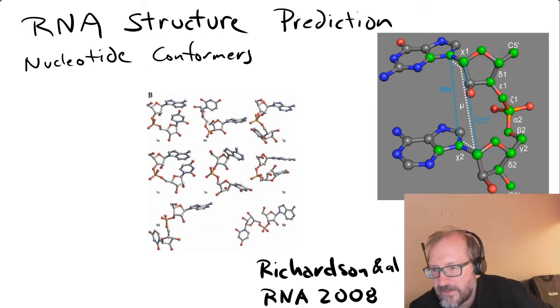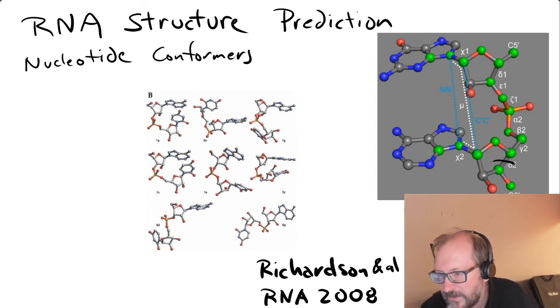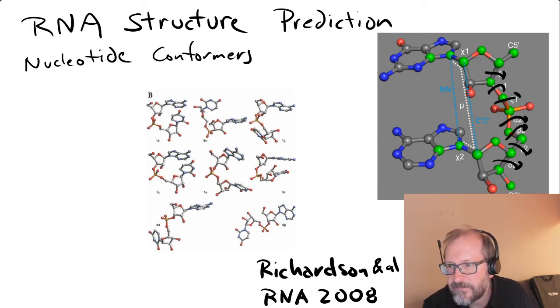So here's a picture of a dinucleotide, and you can see here they've labeled all of these dihedral angles along the backbone. And a given dinucleotide, let's say one that's called AA00, would specify what's the dihedral angle delta 2, what's gamma 2, what's beta 2, alpha 2, and so on. All of these dihedrals would be specified. In addition, there would be a couple of interatomic distances that are specified.